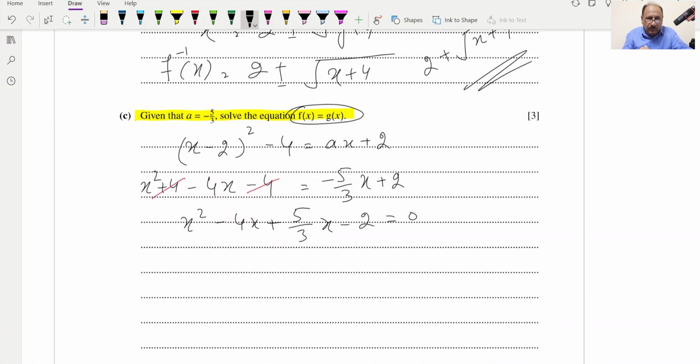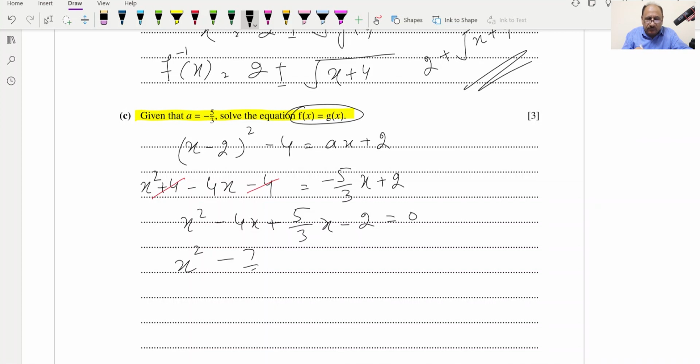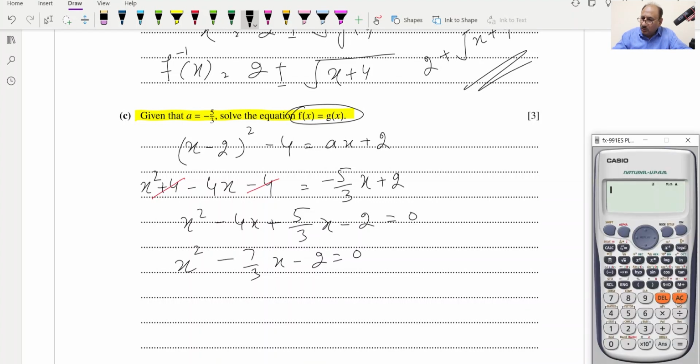Now further adding like terms, minus 4 plus 5 over 3 will result in minus 7 by 3. So x squared minus 7 by 3 x minus 2 is equal to 0. Now we can solve this quadratic equation.